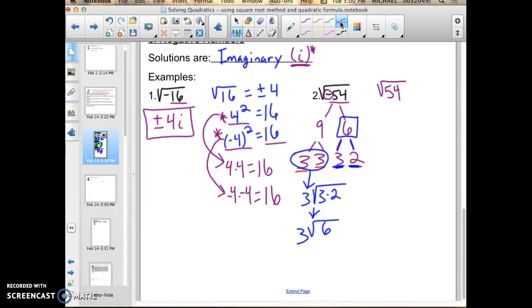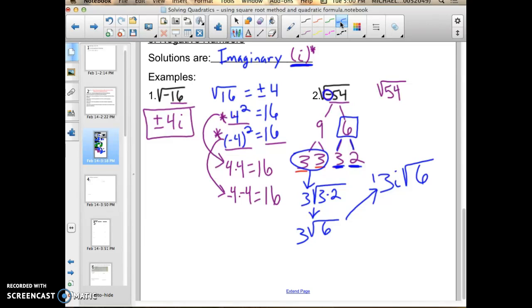Same thought process. And don't forget, you need two things. The correct notation is that i comes out of the radical, meaning that this negative, in order to free it from the radical, you need to turn it into an i, and the i becomes outside of the radical. What's left inside are all the things that couldn't be freed. So in this case, 6.